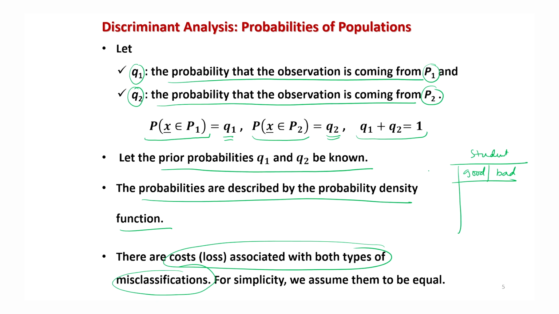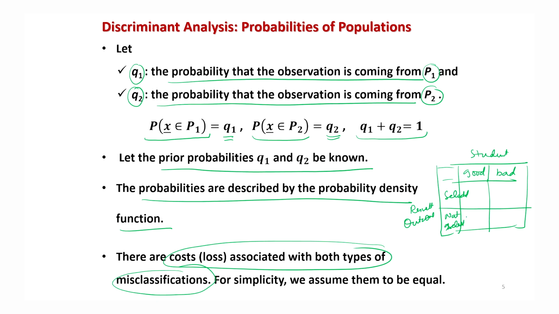Now the student appears in the entrance examination for a medical test, and this is the result outcome of the medical examination, that the student gets selected and the student does not get selected.